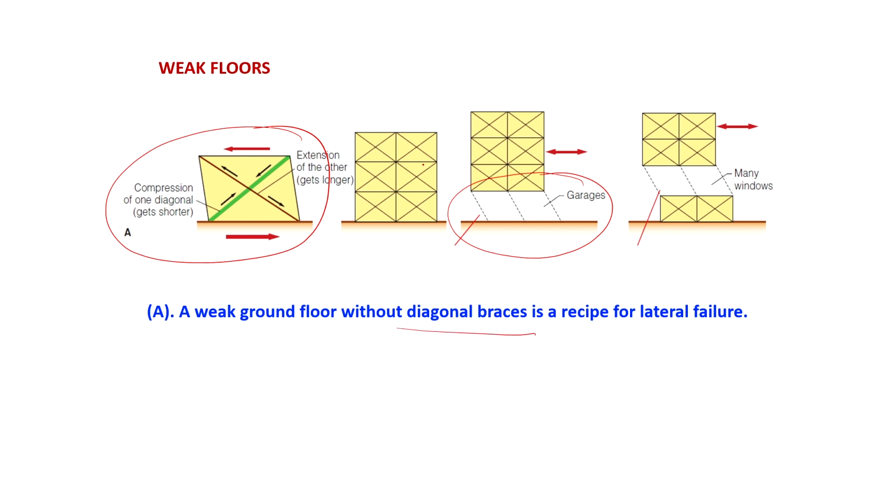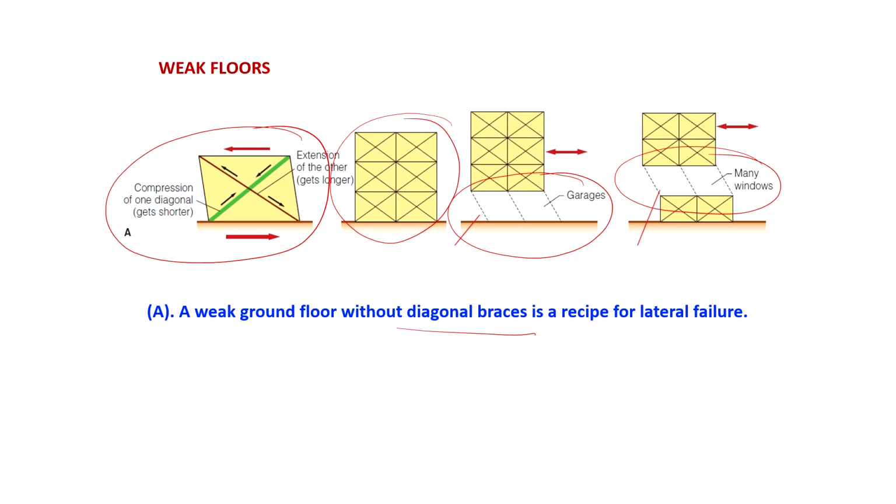It will definitely control the lateral failure, or you can say the movement. And then another example which has been given is that the ground story is open, where you just have the columns. In many cases, for very fancy types of construction, you will see glass windows and all that. Again, these are the areas of weaker members.